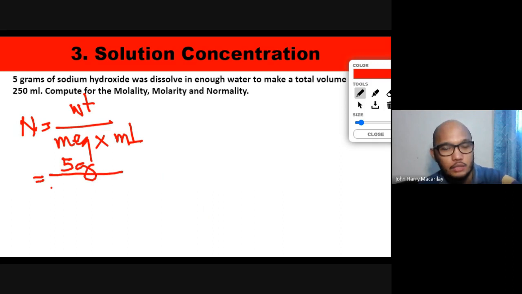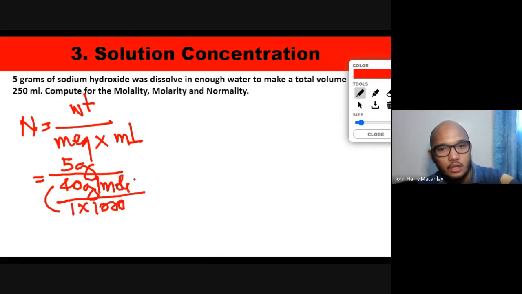MEQ, its formula is molecular weight divided by factor times 1,000, so 40 over 1 times 1,000, times 250 milliliters.